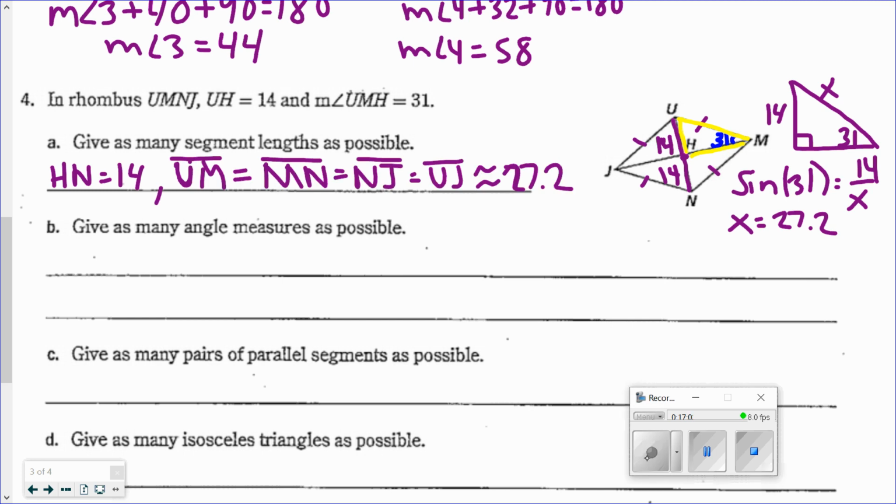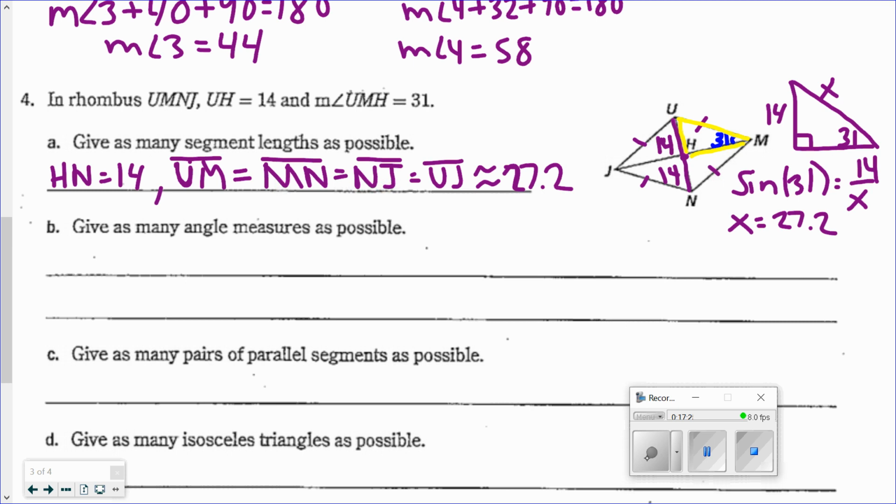So that means that segment UM, segment MN, segment NJ, segment UJ are all approximately 27.2. Now, this will not be on the test as a normal question, but the bonus has to deal with trig. So that's why I threw this problem in here.